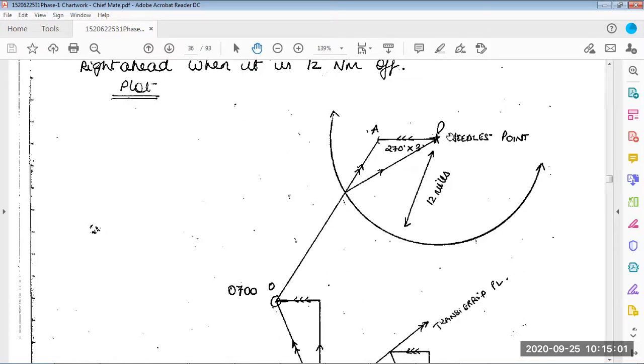We have the current, and we know this method of sighting a light right ahead. In that, we always draw the current from the Needles point. So from 0700, we join this point after wherever the current cuts, and wherever it cuts this circle, from here we draw the course to steer. So this is the 12 mile circle.